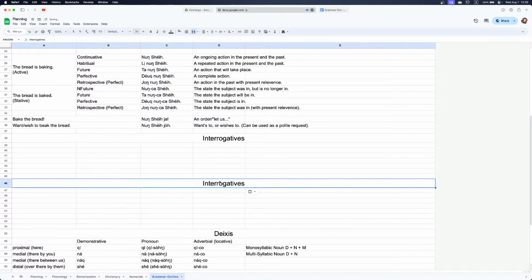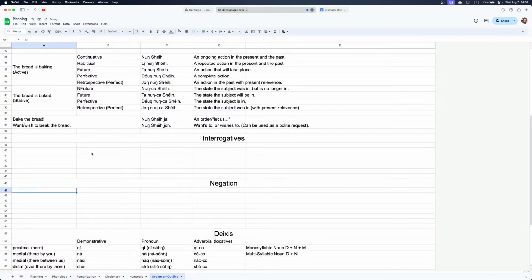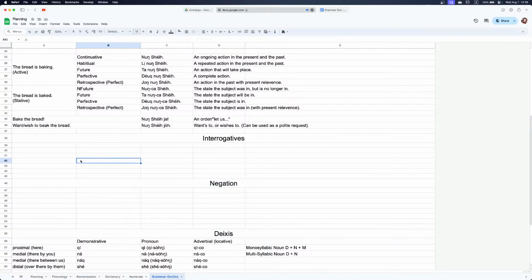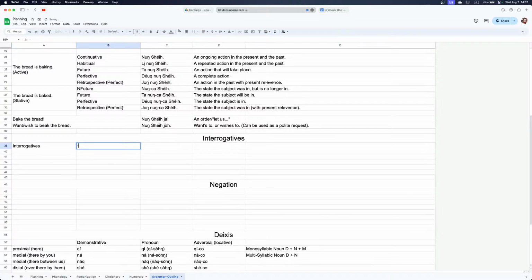So why don't we also work on negation, which I might just go simple and have it that in yes-no questions, or in interrogative sentences in general, "le" is added after the verb.